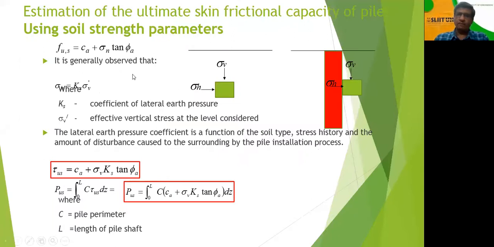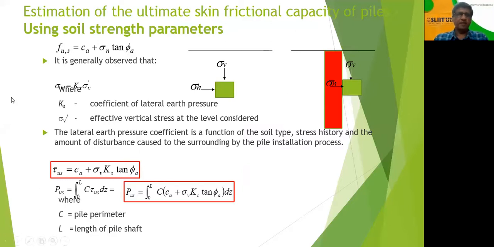When we talk about the skin friction, generally there is the normal stress against the pile. The pile will be pushed against the normal stress. The skin friction will have two components, the cohesive component, that is the adhesion CA, and the frictional component that you are familiar with, the normal stress multiplied by the friction angle.